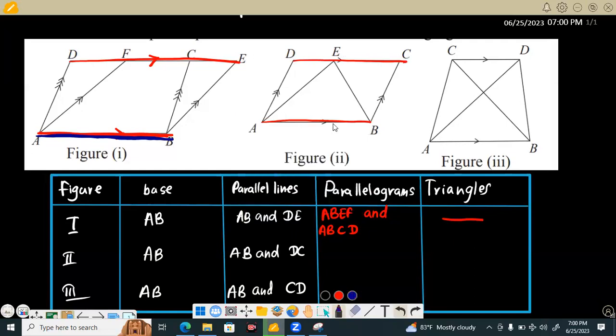Okay, this is the common base. We can write it is AB, CD. Then what is the triangle? In between two parallel lines and same base AB, ABCD is the parallelogram and the triangle is ABE.